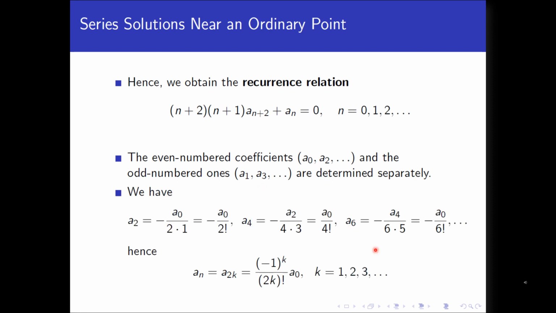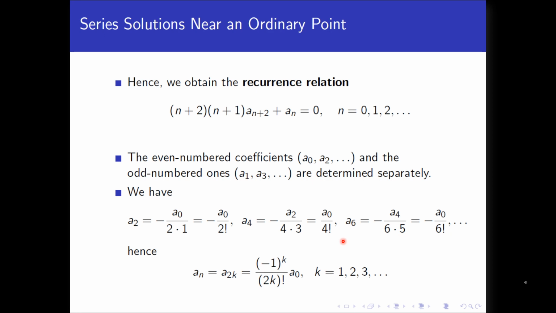So let's start with a0. Then a2 is minus a0 over 2 factorial, a4 is a0 over 4 factorial. Be careful, we don't have here a minus sign for a4. And a6 is minus a0 over 6 factorial, and again we have a minus sign.